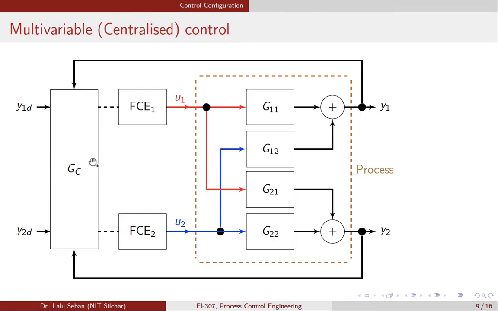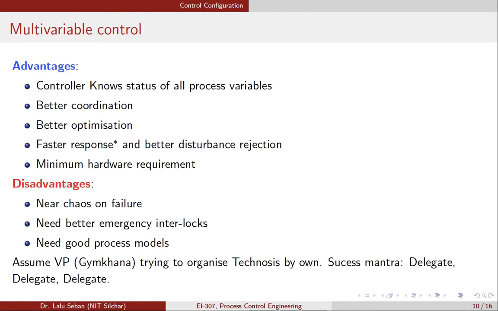So when this controller fails, you need people or manpower to take care of Y1, you need people to take care of Y2. So the requirement of manpower at a failure is very high. Okay, that is also a very important thing.